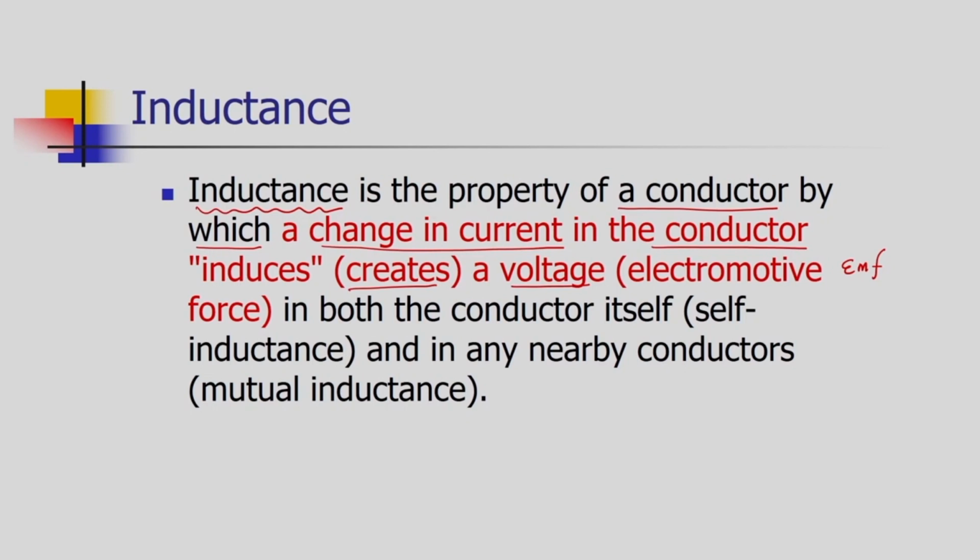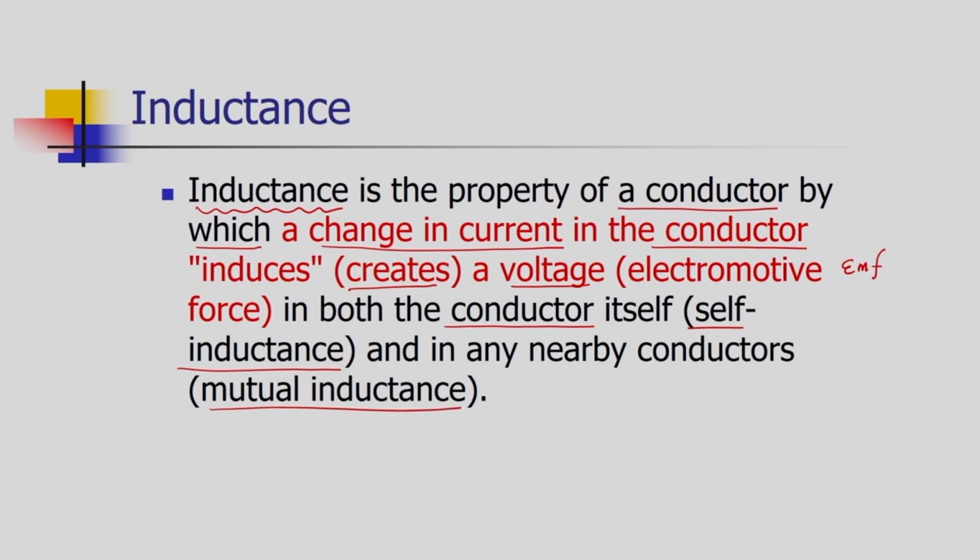So, the change in current is creating voltage. If we get the voltage in the conductor itself, it is called self inductance, and if it is created in nearby conductors, it is called mutual inductance.